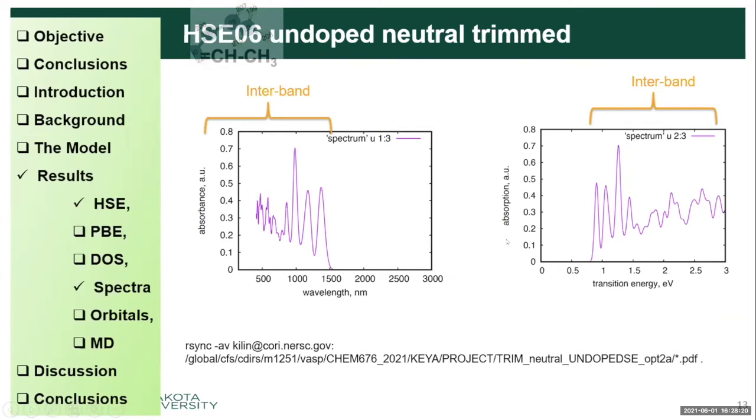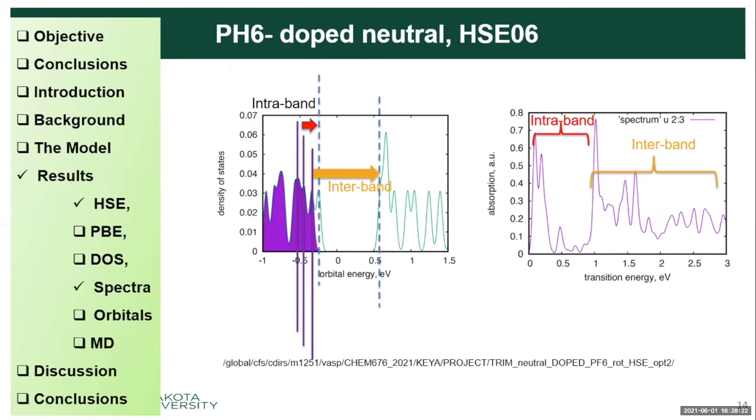So that's why we call it interband. And if we look at the doped model, here we are able to see that in the occupied orbital, in the first section, there is one blue line.